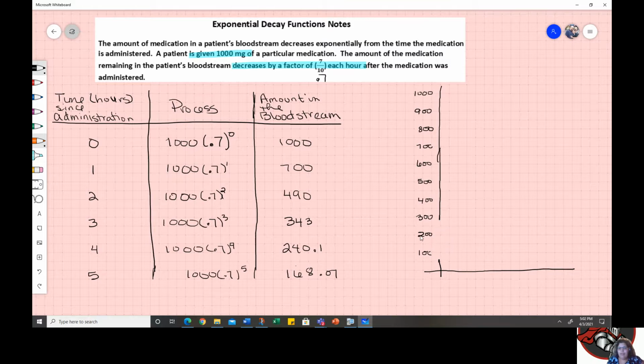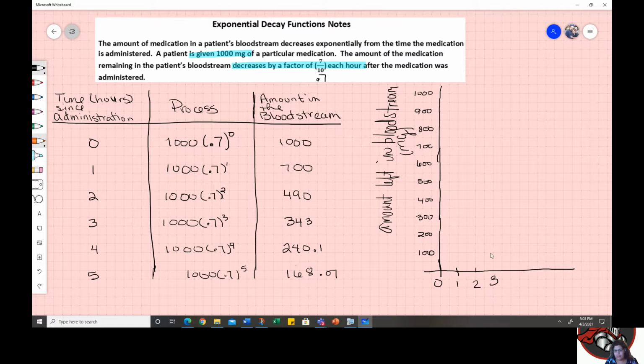This section is kind of squirrely. And this is the amount left in the bloodstream in milligrams. Down here, we're going to do our time in hours. So 2, 3, 4, 5, 6, and 7.